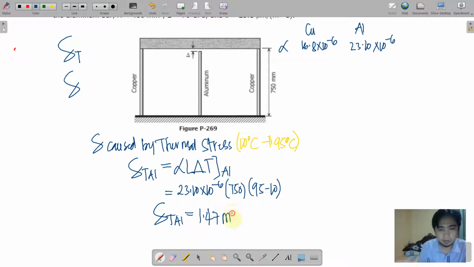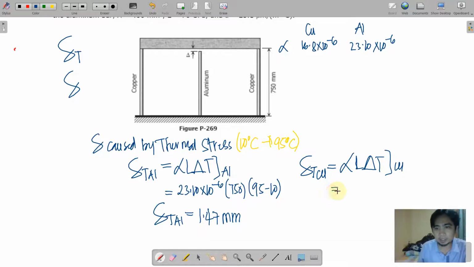Similarly, we are going to apply this deformation due to temperature for the copper. We have alpha L delta T for the copper rod.